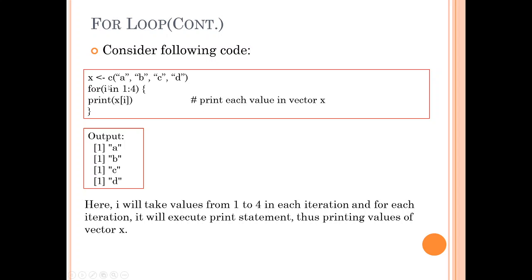So whichever will be the value of I, that index character will be displayed. So initially I will have value 1, so x of 1 is a, then I will increase to 2, and we will get b, and likewise.